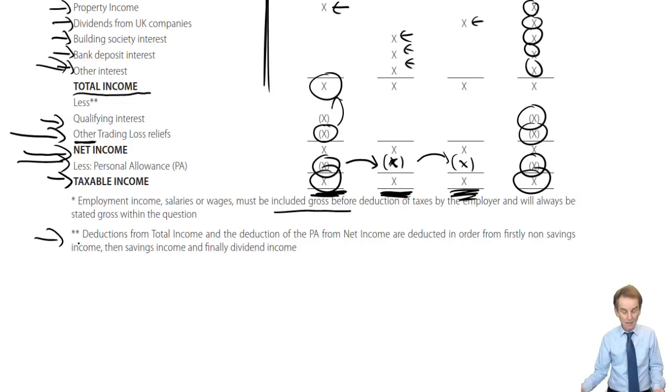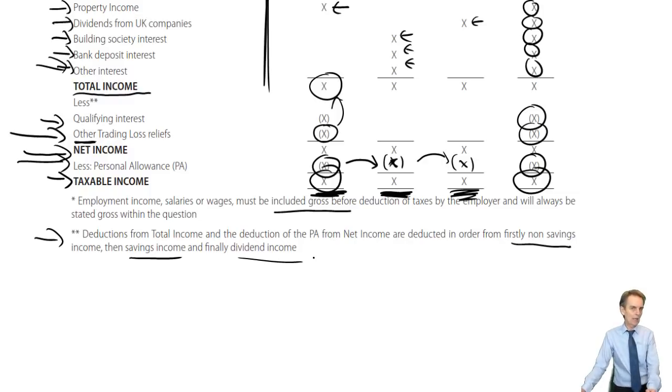As we've just made important reference to, any of our deductions from our total income, be they the qualifying interest, be they loss reliefs, or then from net income, the deduction of the personal allowance, we will do them in that order. Again, taking it away from, firstly, non-savings income, then savings, and finally dividend income.